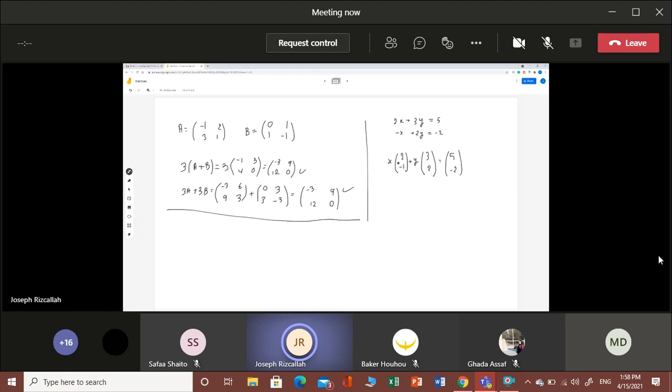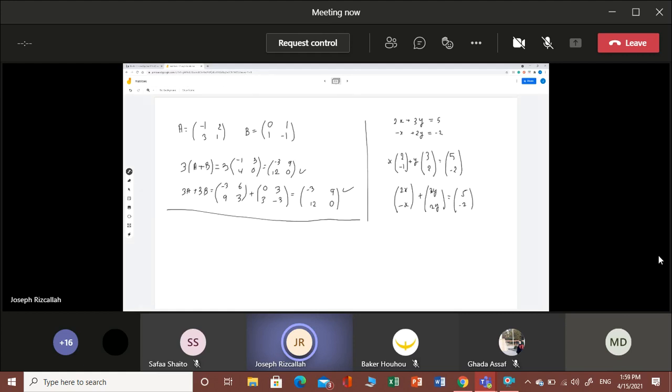Now, I know what this means as a matrix. If I multiply x by this vector, here I have 2x, and here I have minus x. In the same way, if I multiply y by 3, 2, I have 3 times y, and here 2 times y. This should be equal to 5, minus 2.